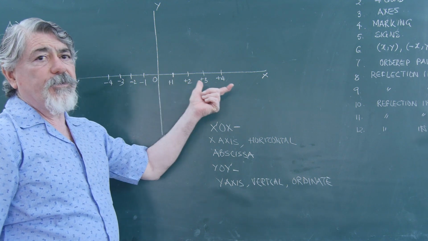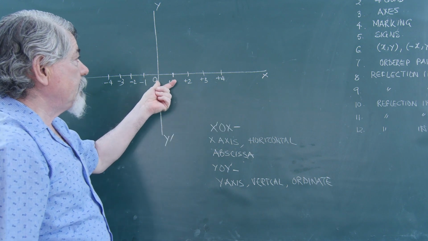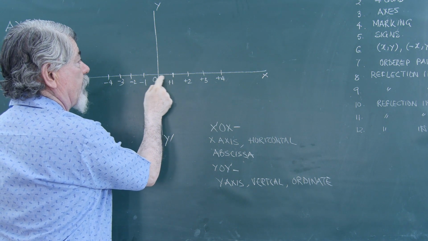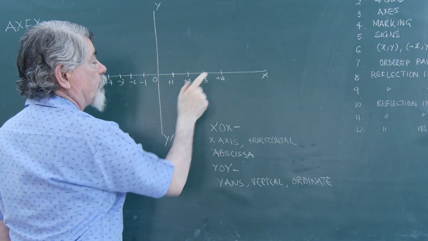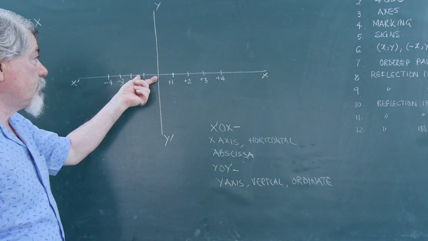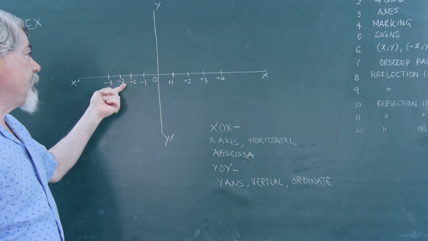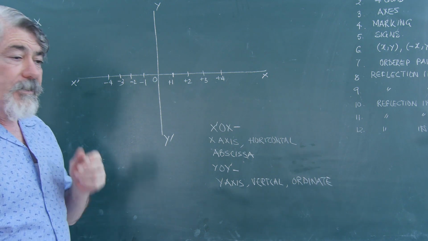The intervals have to be fixed, and there has to be a constant distance. From O to 1, 1 to 2, 2 to 3, 3 to 4, the distance is the same. Same here: O to -1, -1 to -2, -2 to -3, and -3 to -4, the distances are fixed, constant.